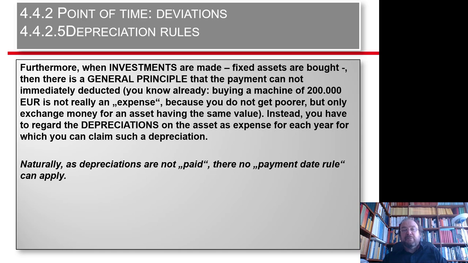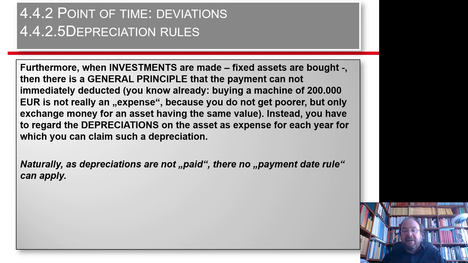The only exception would be if you buy a so-called low-value asset like a pen or so, €1, then naturally that would be horror if you had to estimate the useful life of the pen and depreciate the €1 over time. The same with if you buy something for €10.